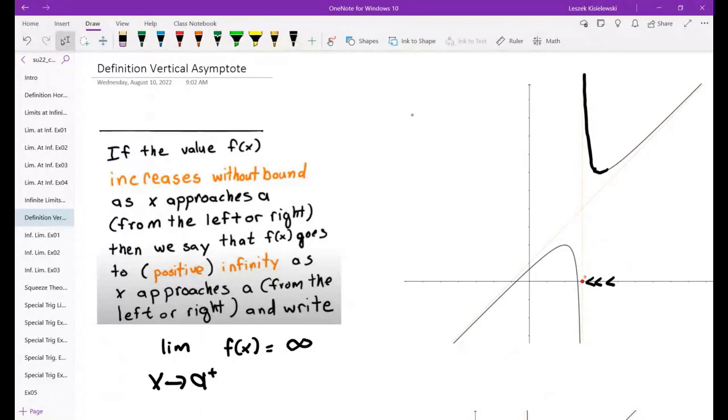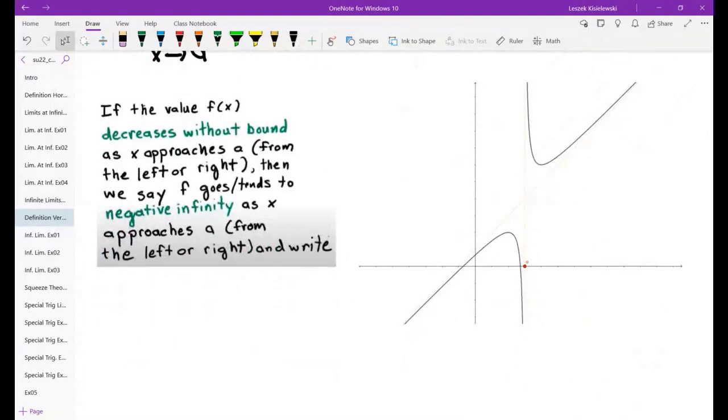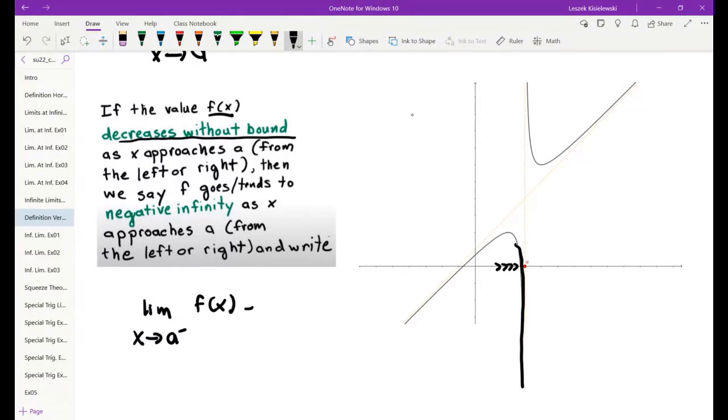And in this picture, we see also that, well, let's do that later. So if instead the function decreases without bound, so it gets more and more negative, then we have a negative infinite limit. So we would write the limit as x approaches a either from the left or the right. In this picture, it's from the left. The function here decreases without bound, so we say the limit is negative infinity.